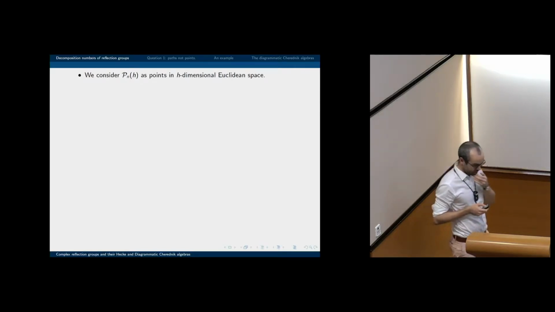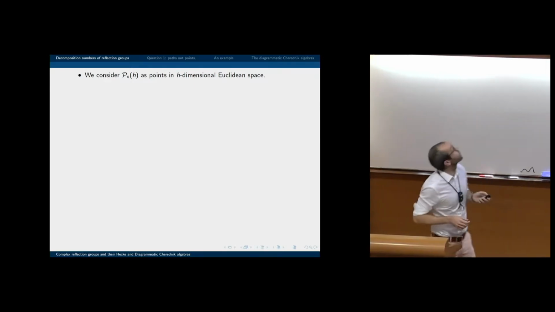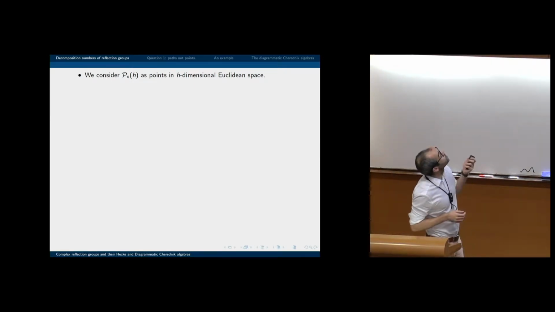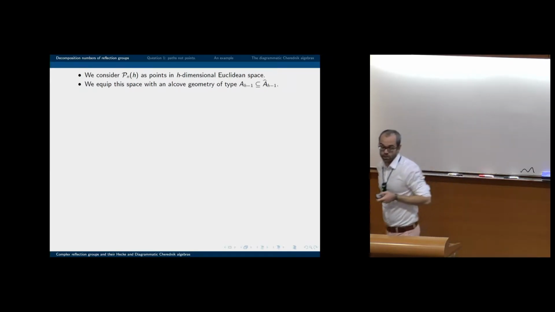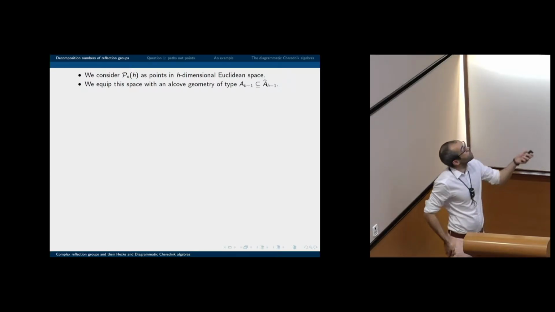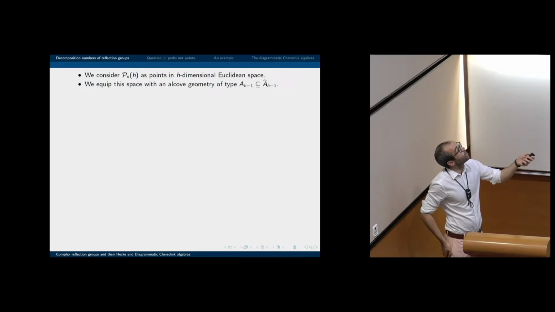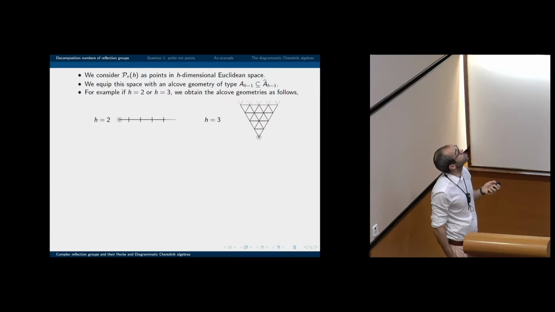So how do we study these things? We're going to take our set of partitions with at most h columns, and we're going to consider them as points in Euclidean space. We'll equip this space with an alcove geometry of type A_{h-1} inside of affine A_{h-1}, and we'll see some pictures in a moment to see what that means.